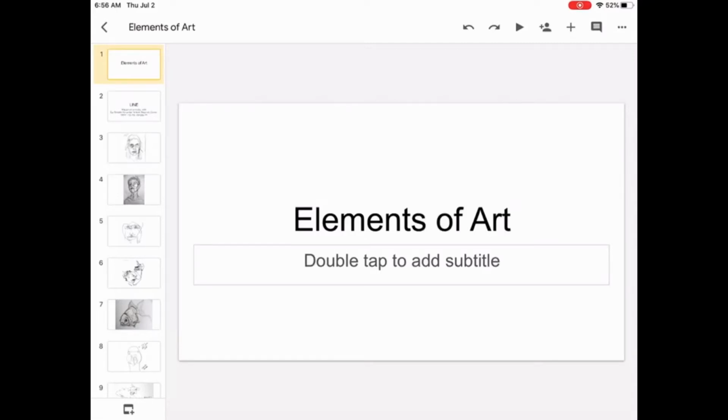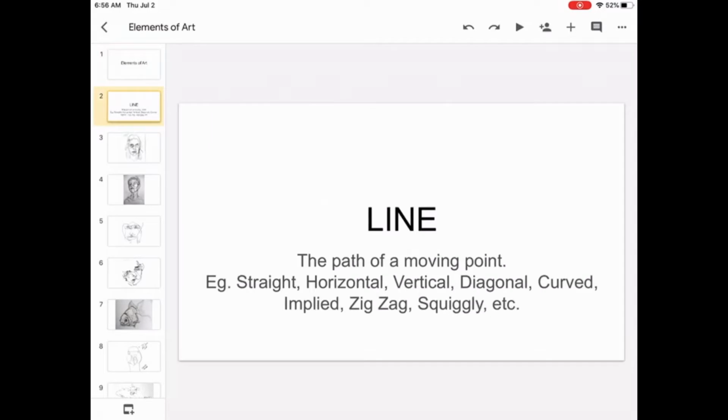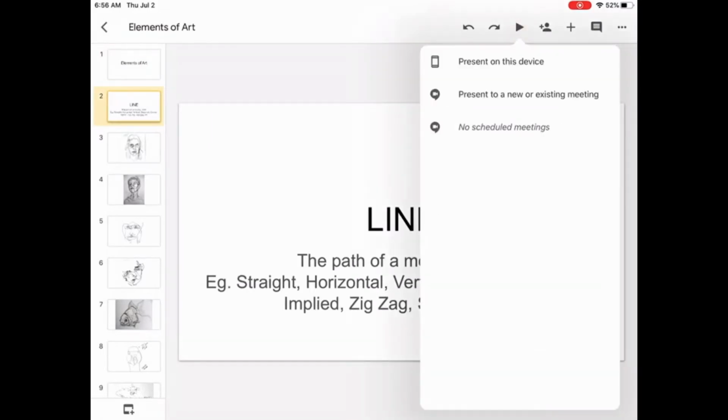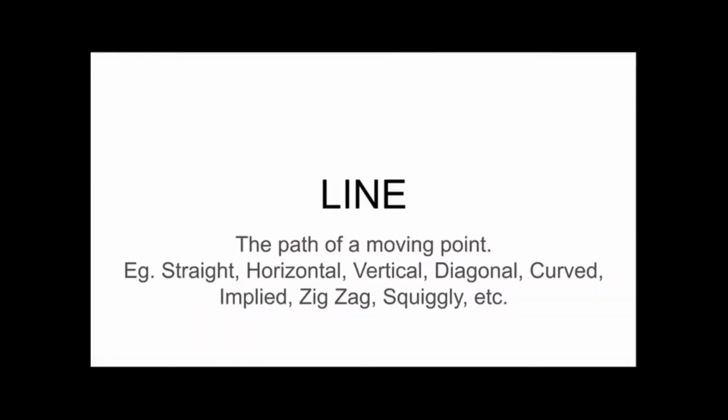So let's start with the first one, and that's a line. So let me make this bigger. A line is the path of a moving point. Some examples of lines: straight lines, horizontal lines, vertical lines, diagonal lines, curved lines, implied lines.